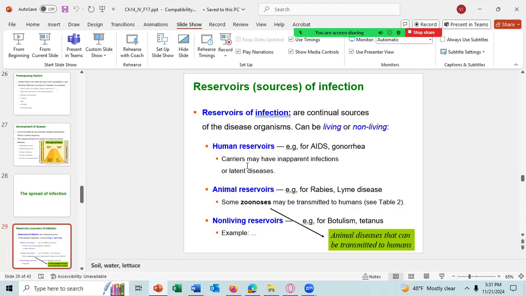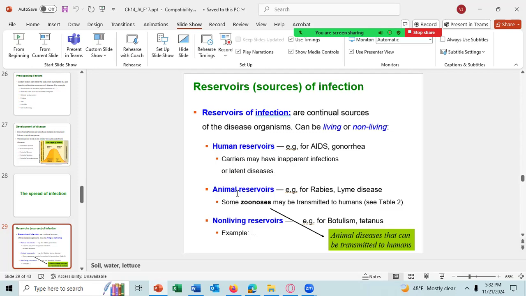I mentioned with COVID-19 that young people, about 50% of them, will effectively be a carrier but may not have any signs or symptoms. There's the term I was looking for: they're asymptomatic. Their disease is asymptomatic. And then they can spread the disease to their grandparents, for whom the disease could be much more serious. But humans can be reservoirs, even carriers.